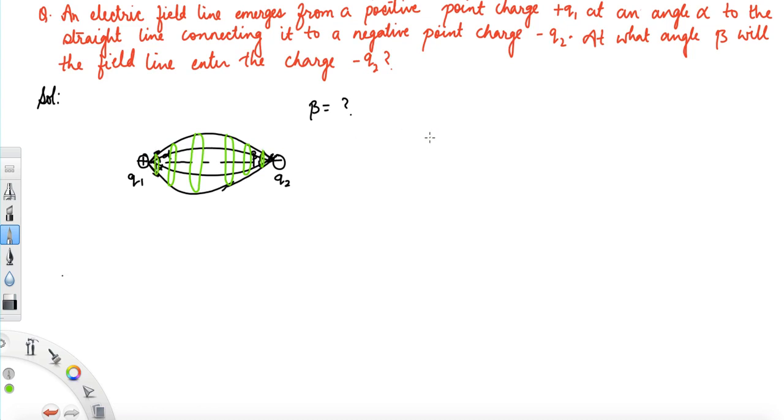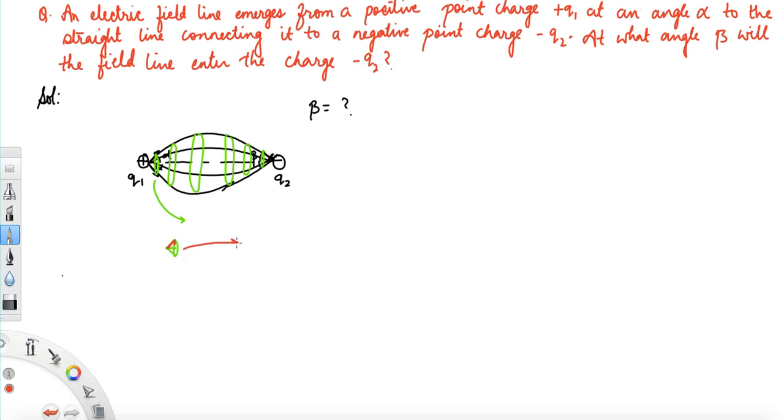Now let's consider one of the cross sections very near to q1. If it is very near to q1, we can say this is going to be nearly a cone, because this will be a straight line if this cross section is very close to q1.